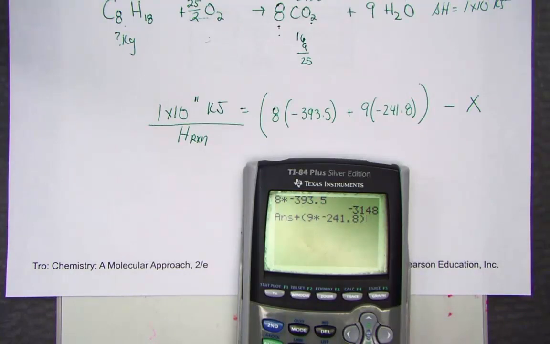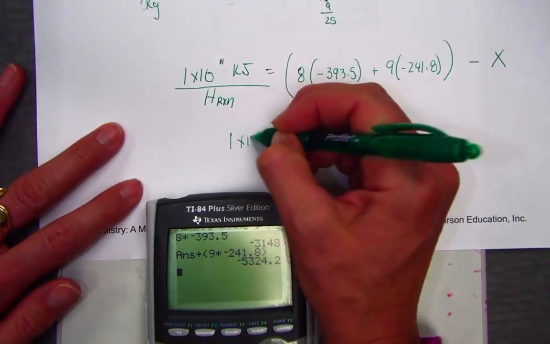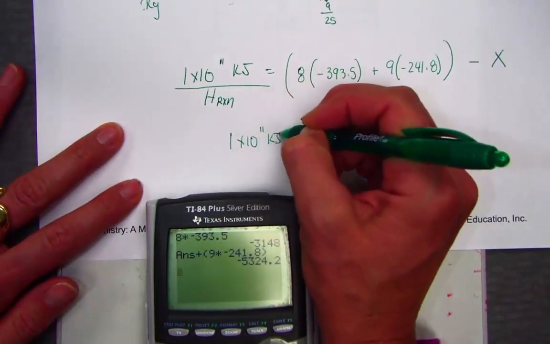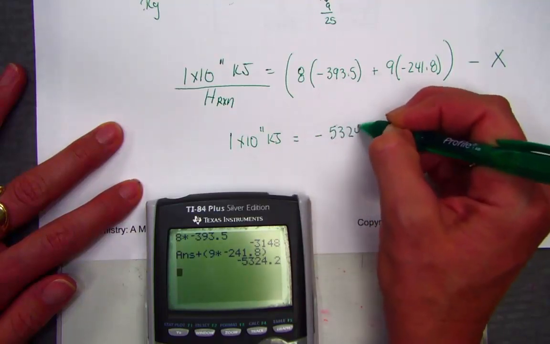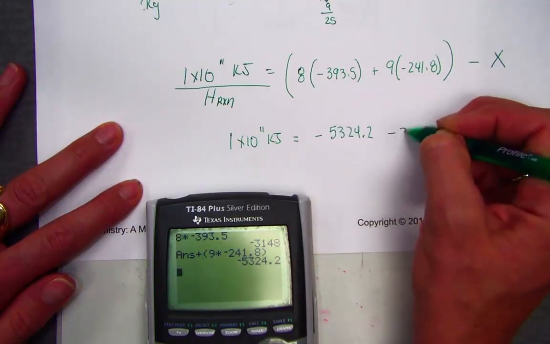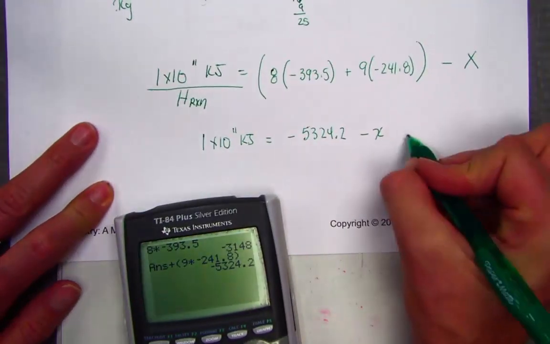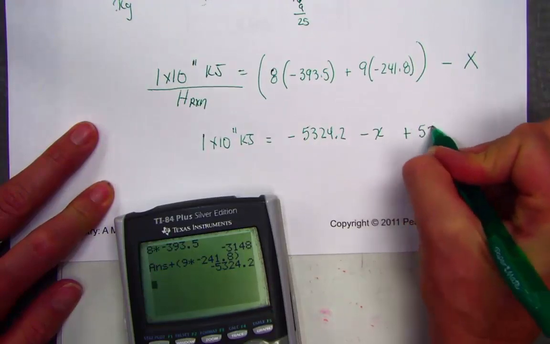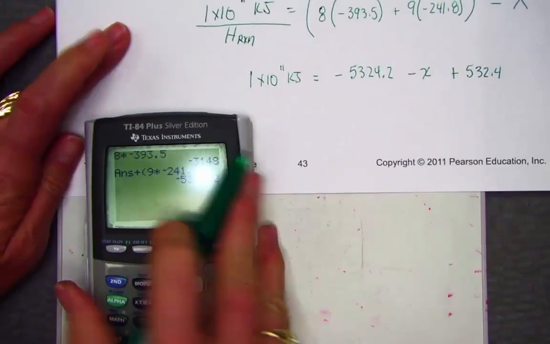And here's what I have, and I'll just rewrite 1 times 10 to the 11th kJs equals negative 5324.2 minus X. Let's add 5324.2 to both sides to simplify, and when we do that, this will still be quite a large number.